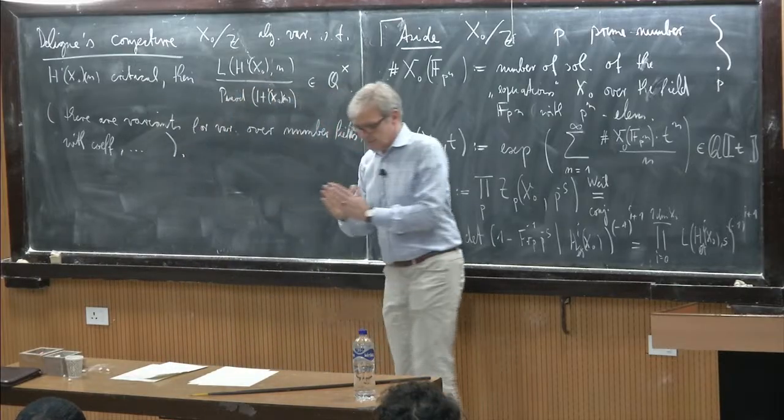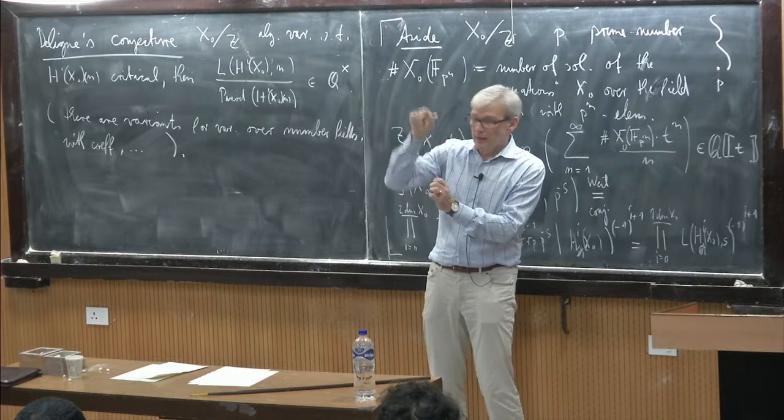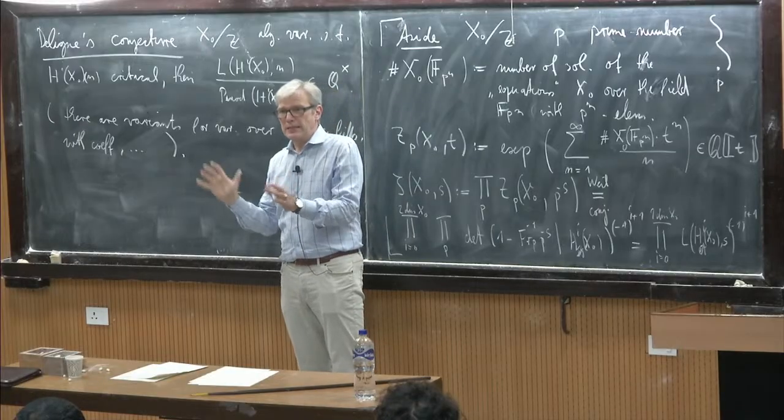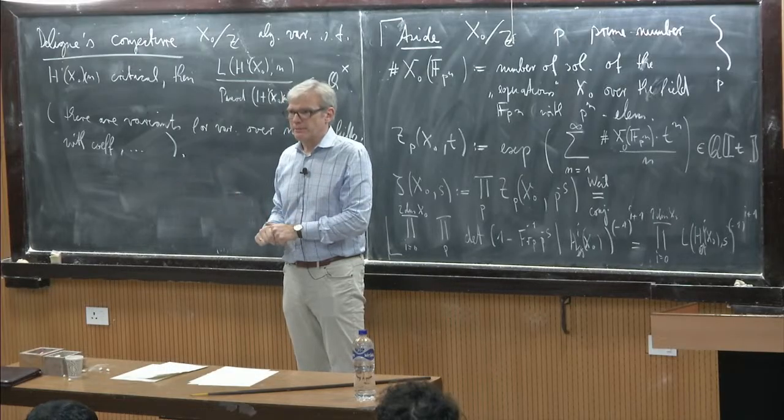The L function knows something about the fiber over each prime. But this rational number, and that's completely mysterious, knows something about the global shape of this.